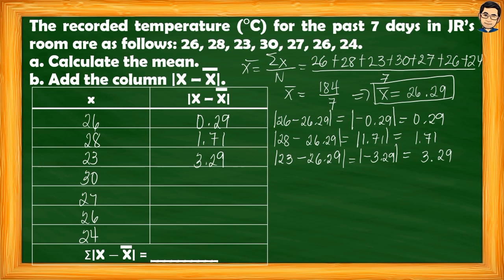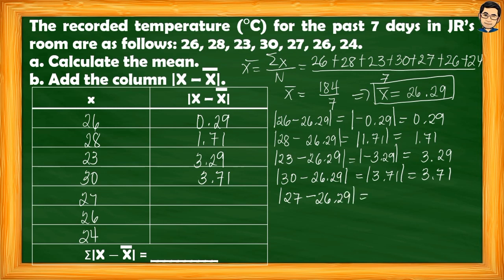Next, absolute value of 30 minus 26.29. So, we'll have positive 3.71. Absolute value niya is 3.71. Next, 27 minus 26.29. So, that is 0.71.